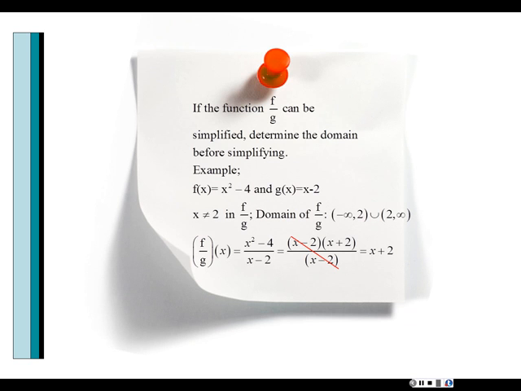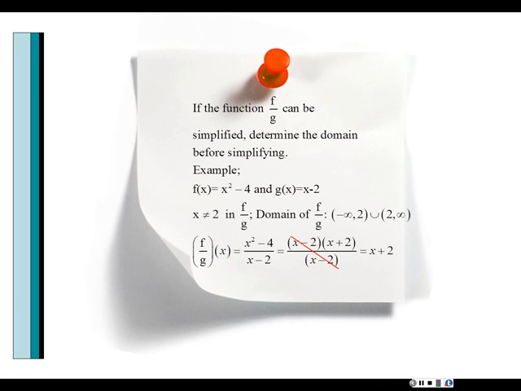So let's see, a square minus b square can be written as a plus b times a minus b. If you compare this here, x square minus 4 is basically x square minus 2 square, right? Now it can be compared with a square minus b square.